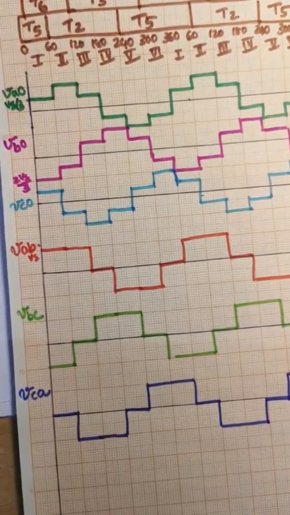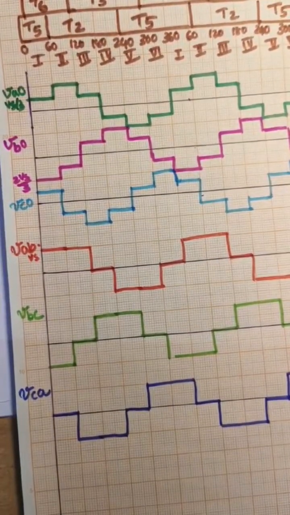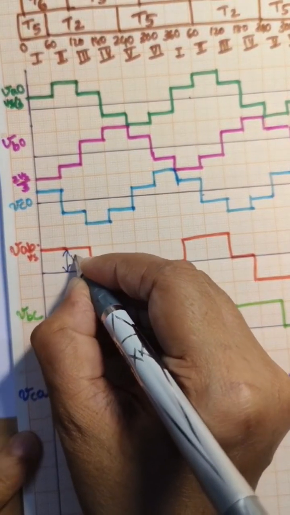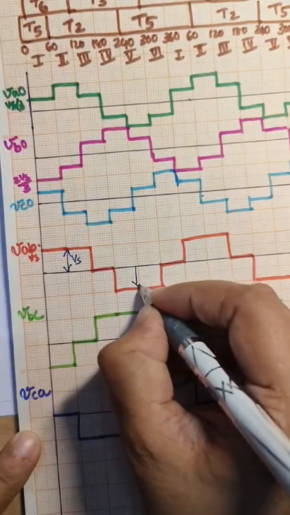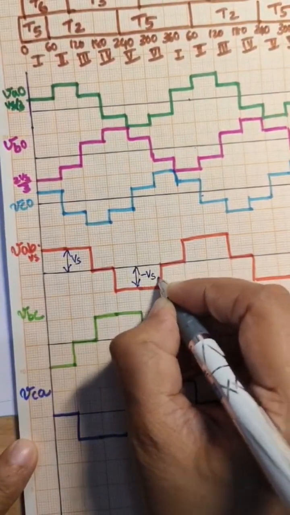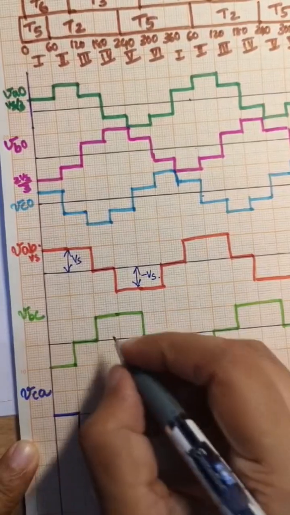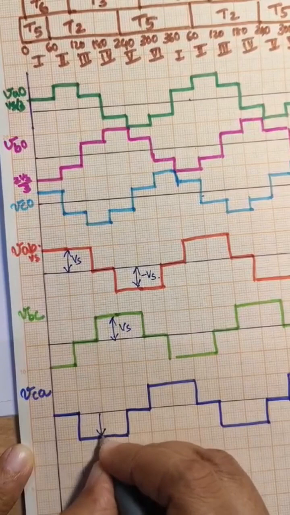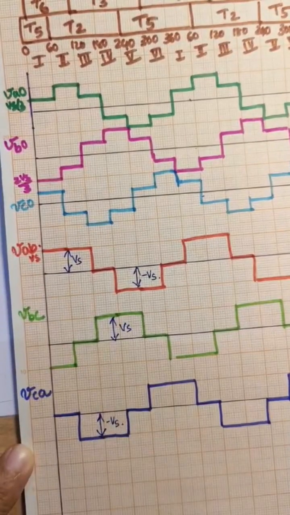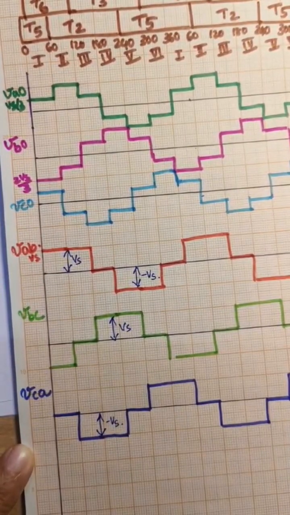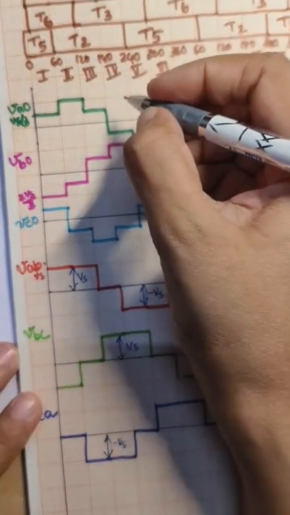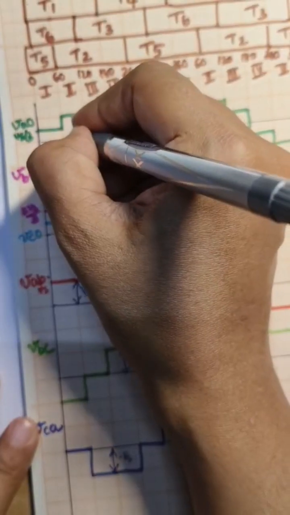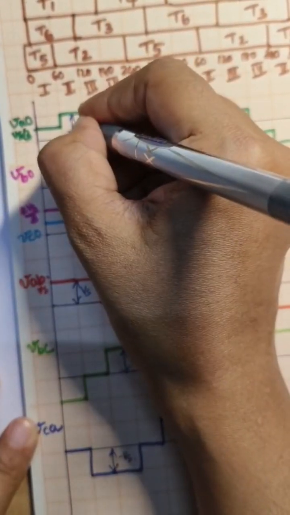Thus, we can mark the corresponding voltages. Here we know that the voltage we obtained is Vs, and here it is minus Vs. Minus Vs. And here, for line to neutral voltage, we obtained this voltage as 2 Vs by 3.